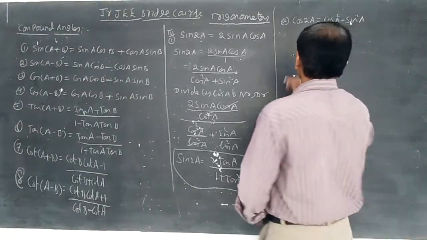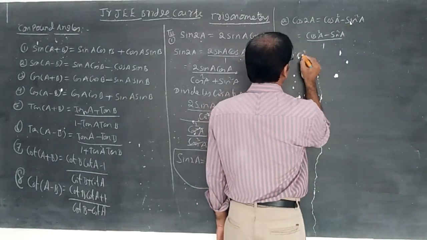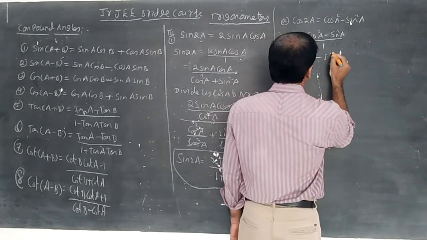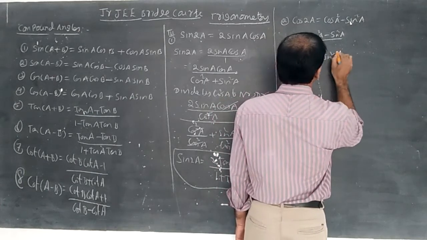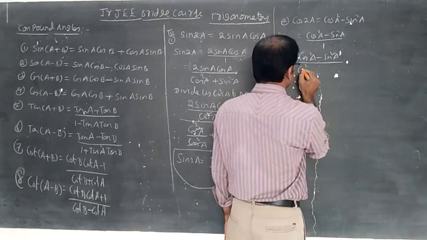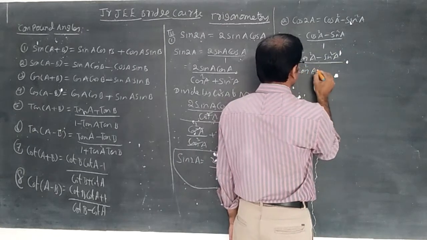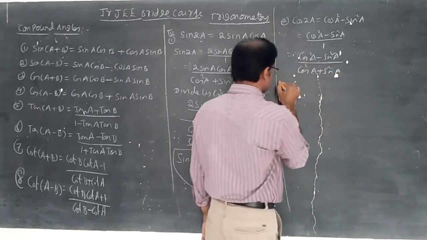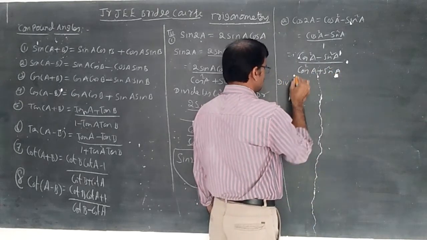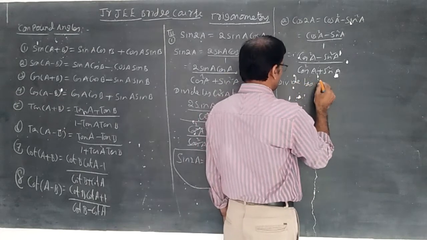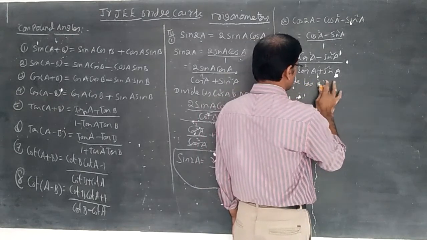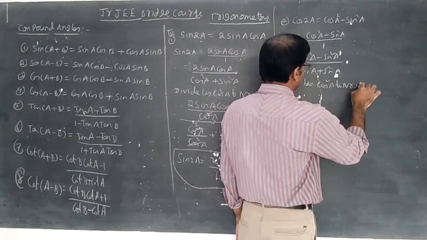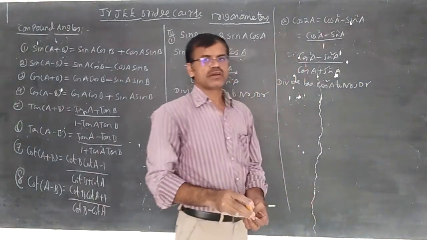For that one you can write cos square A minus sin square A whole by cos square A plus sin square A. Now you can write, divide by cos square A to numerator and denominator.